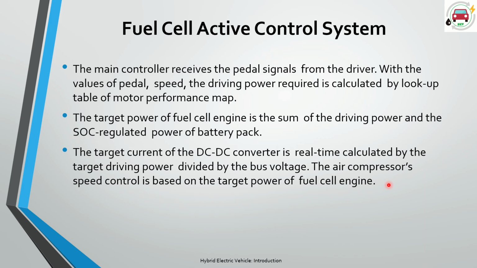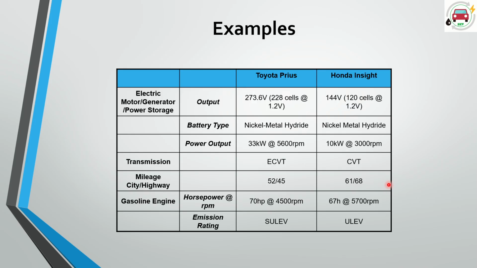So everything is calculated and controlled with the help of the control unit, and it takes decisions on where the power should be given, whether the power is available or not, what bus voltage should be there, and how much power is divided for which activities. All these things we need to understand.